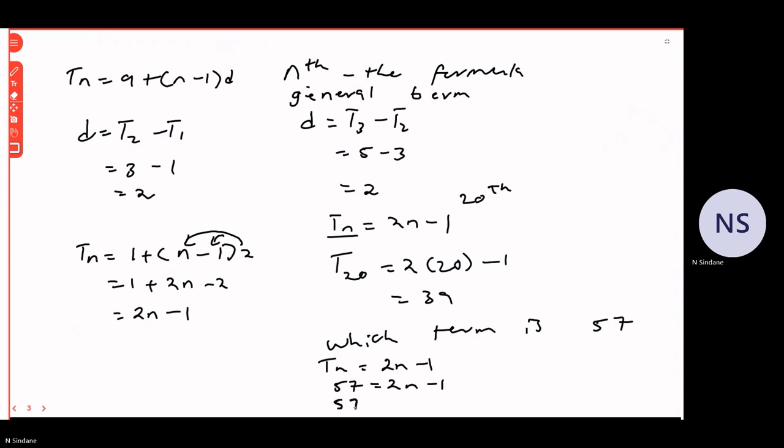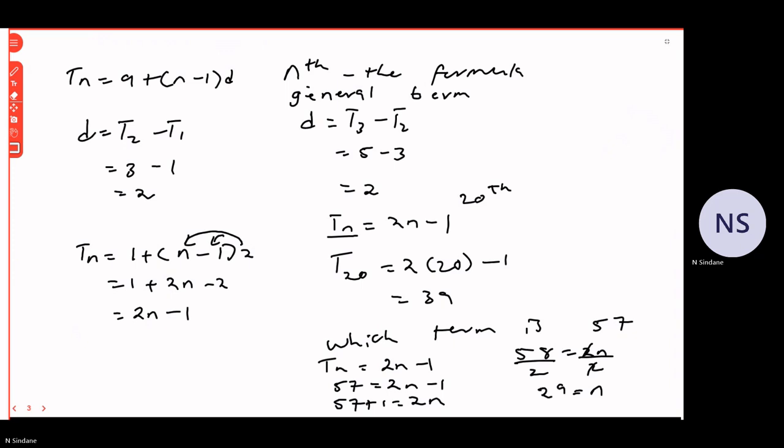This is 58 is equal to 2n, divided by 2 on both sides, and they cancel. n is equal to 58 divided by 2, which is 29, right? So 29 is your solution for the value of n. That is how you can calculate the value of n for an arithmetic sequence, right?